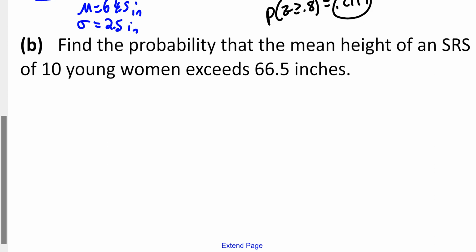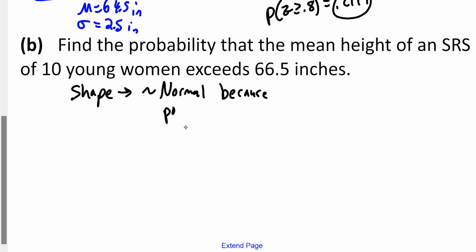We'd have to check our large counts condition, or in this case, though, we can say the shape is normal because the population is normal. So if we know that, then we can actually go into this. This is a sampling distribution. Maybe note that this is a sampling distribution.